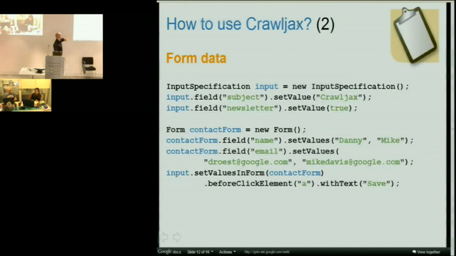So you say here, set this value in this form before you click the anchor element with the text save. So first save the form with the values Danny and Roest at google.com, and later when it comes back to the state, it will fill in Mike and Mike Davis at google.com, and then click save. That way you can specify multiple form values.